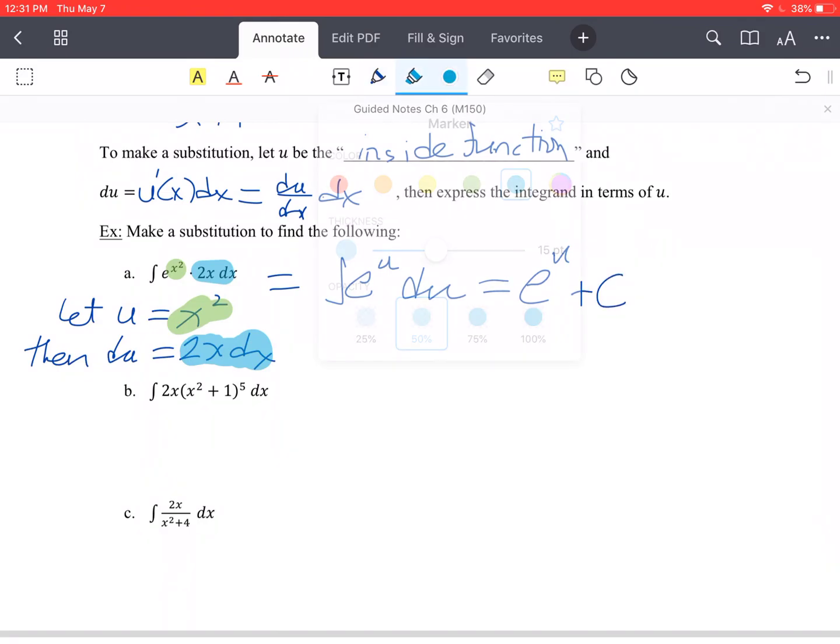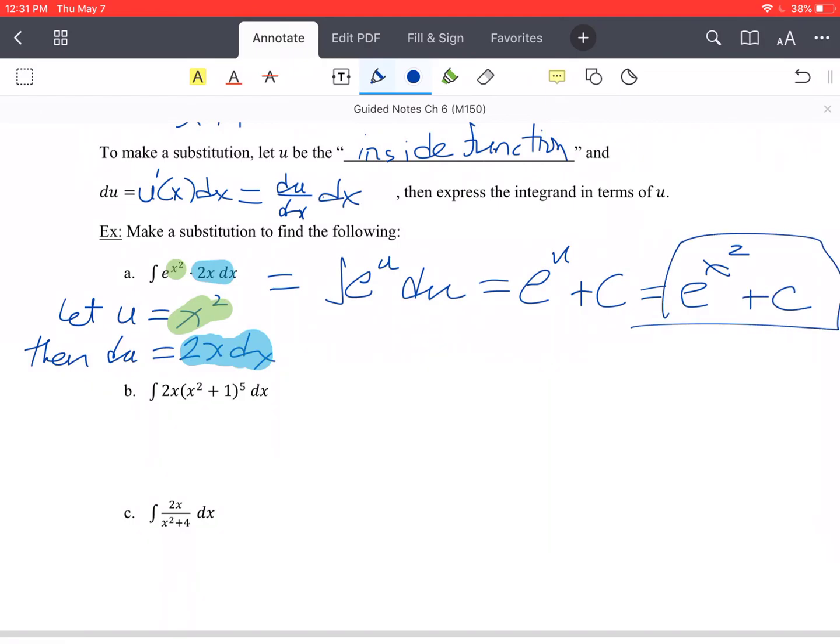And now we go back and say, okay, now I know what u is, right? That was my x squared. So I'll go ahead and sub back in for x, put my final answer in terms of x, and we get exactly what we got before.